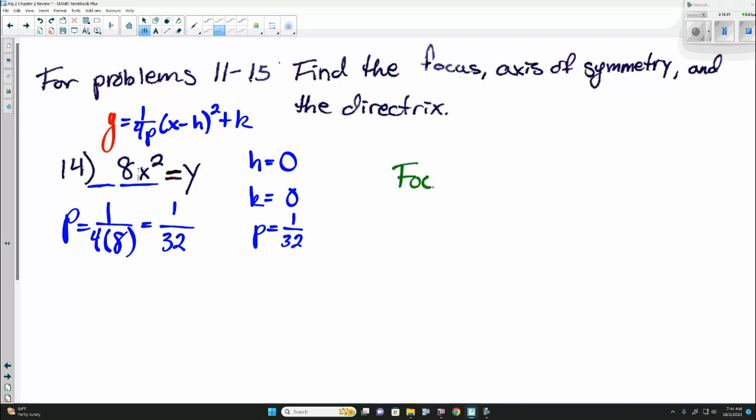So the first thing we can find is the focus. And since it is y equals, we still have the point h comma k plus p. Well, our h value is 0. And if we evaluate k plus p, it'd be 0 plus 1/32, which is just 1/32.